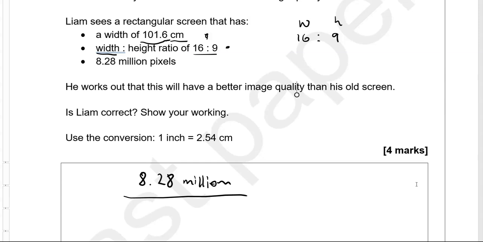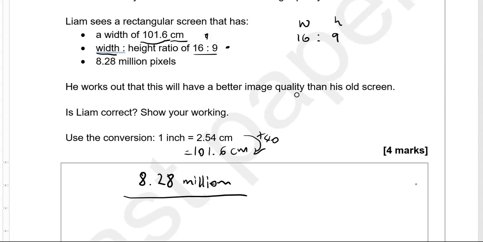So 1 inch is equal to 2.54 centimeters. What about 101.6 centimeters? How many inches is that equal to? So we'll do 101.6 divided by 2.54 gives us 40.